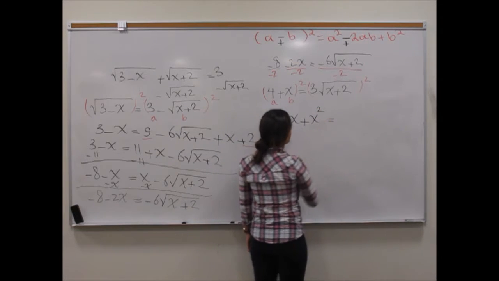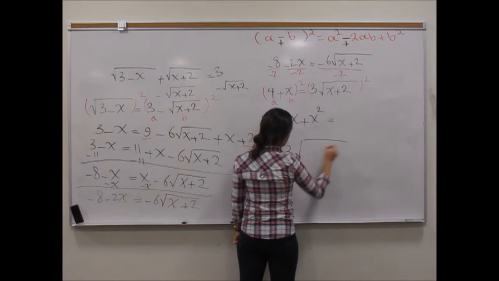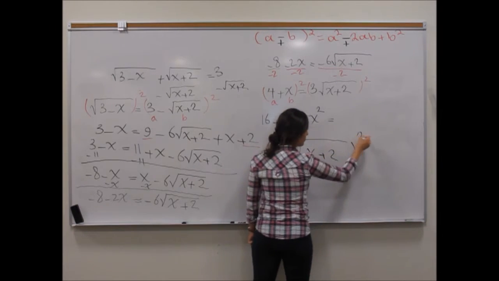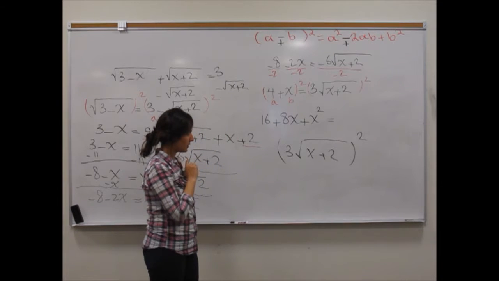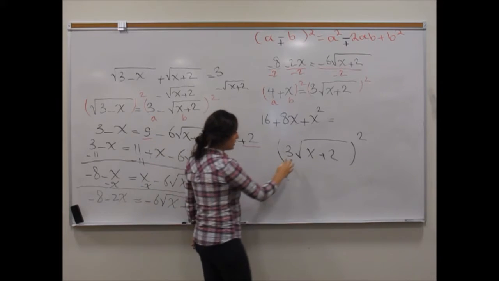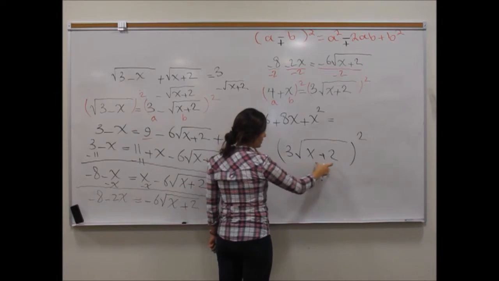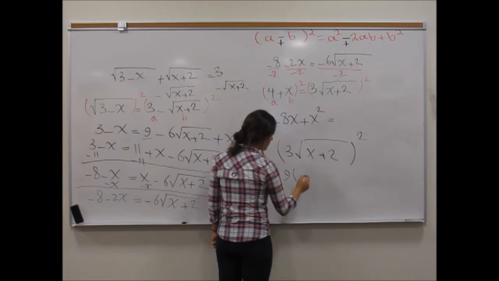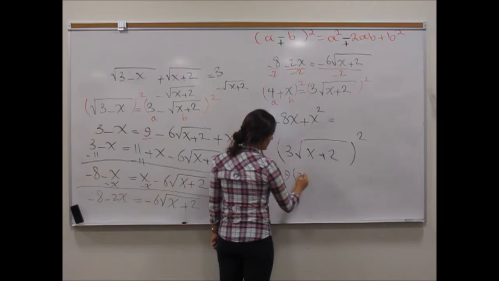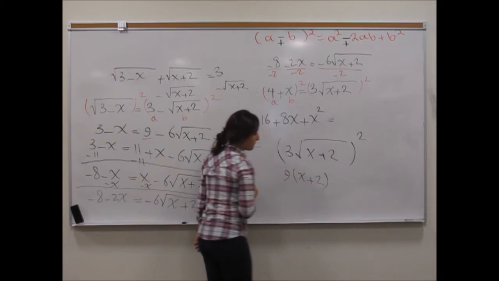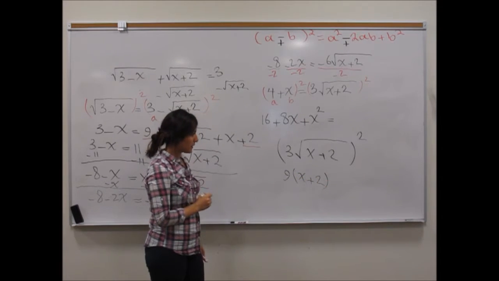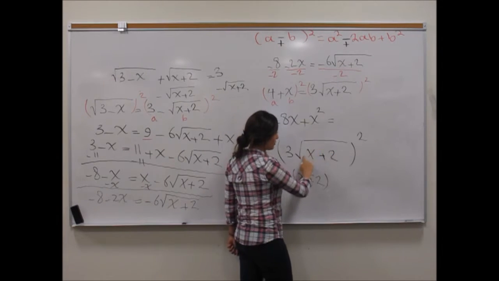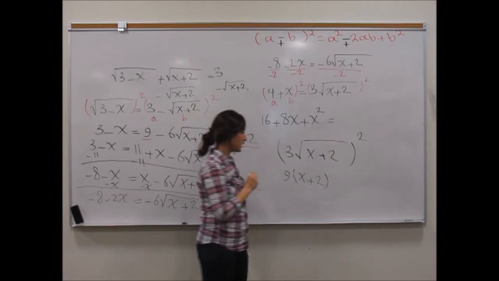On this side I would have 3 times radical x plus 2 squared. This one is actually 3 squared times this radical squared. So 3 squared is 9, and this radical, when we square it, would be x plus 2, because the square root and the second power would cancel each other.